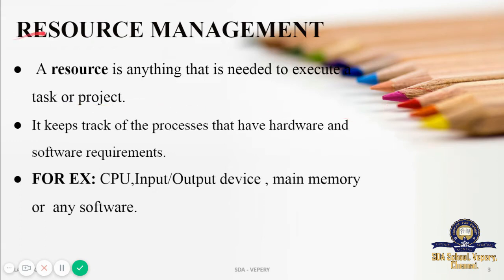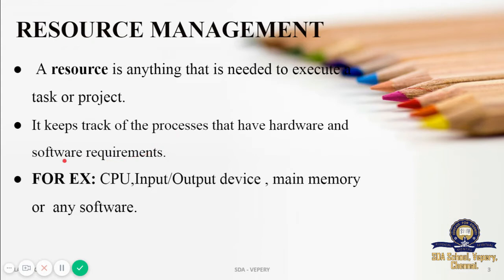A resource is anything that is needed to execute a task or project. It keeps track of processes that have hardware and software requirements. Whoever is entering the computer first needs to do either input or output. Either they will be handling hardware devices to type, or working on some software needs.